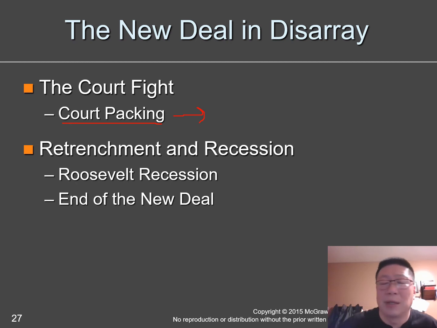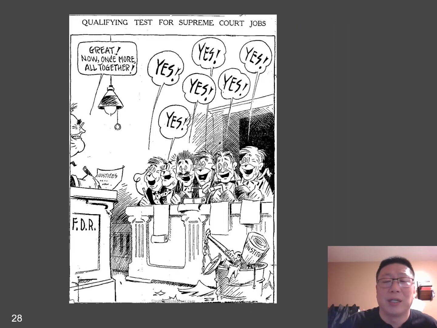Okay, and that's the debate. So key is here by 1938, we have the end of the New Deal. We start pulling back government spending. Key point for you to understand, the New Deal does not end the Great Depression. Spending for World War II ends the Great Depression. The New Deal probably alleviates the suffering, makes people feel better, but it doesn't end the Great Depression. Okay, that is a major idea.